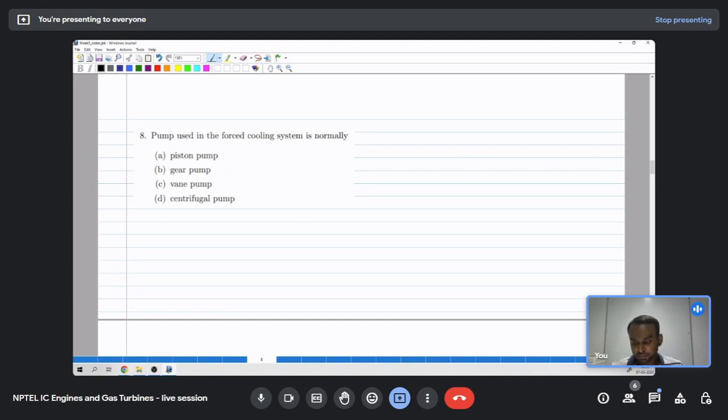Next question. The pump used in the forced cooling system is normally a piston pump, gear pump, vane pump, or centrifugal pump. Can someone answer this question?